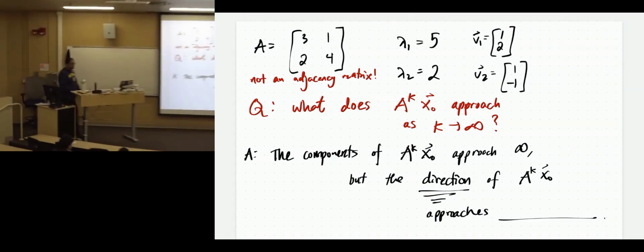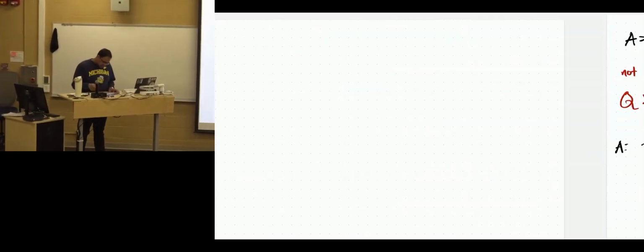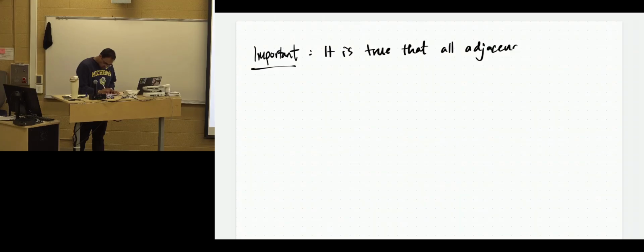I feel like there's got to be some visual. So if A is made up of some kind of eigenvalue, then I think that eigenvalue can describe how it scales over time.